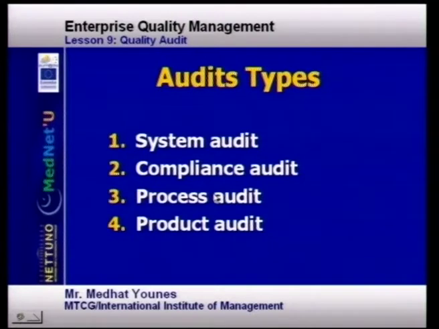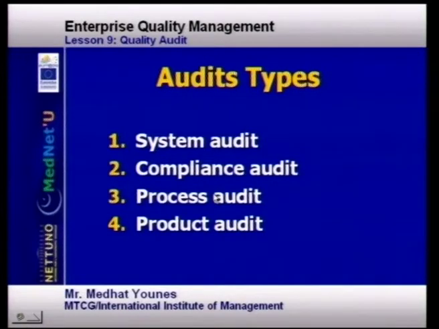With the compliance audit, the auditor will scrutinize the objective evidence that should be generated by the implementation of the quality system. The auditor checks that the auditee works to the letter of the quality assurance procedure.